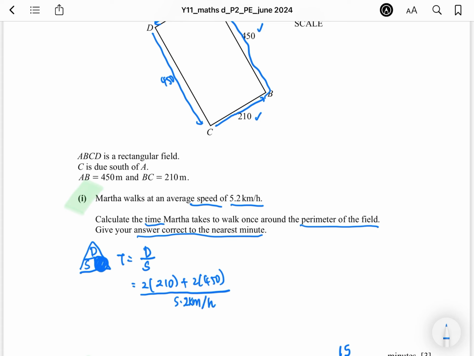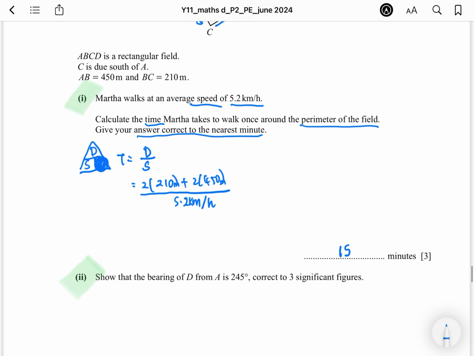But bear in mind that the unit for this one is in meter. So when you do calculation, make sure that you convert it into kilometer. That means you divide that with 1,000. So 2 times 210 plus 2 times 450, that gives you 1,320.